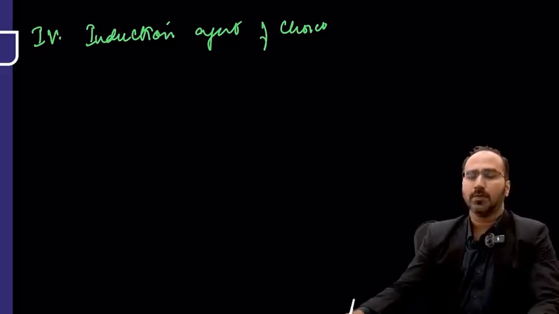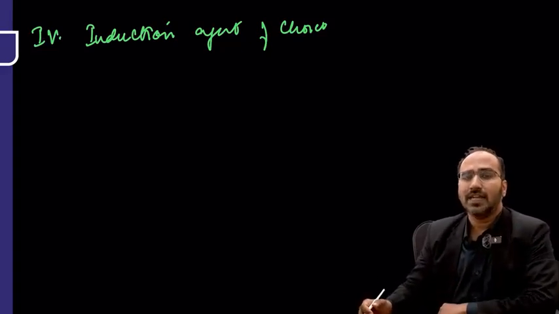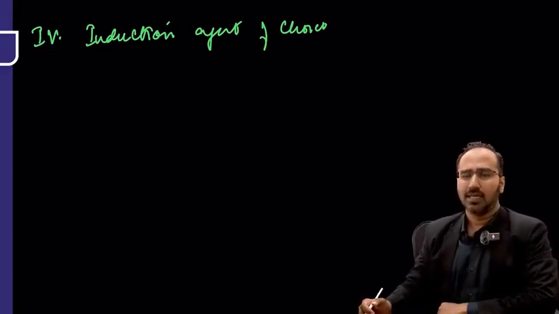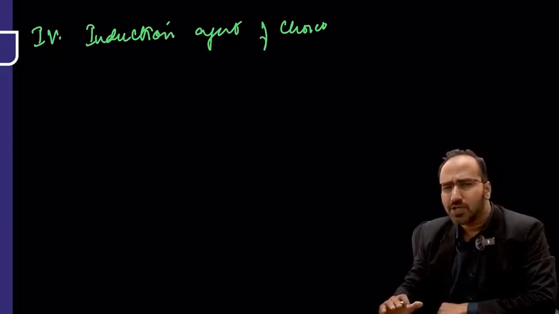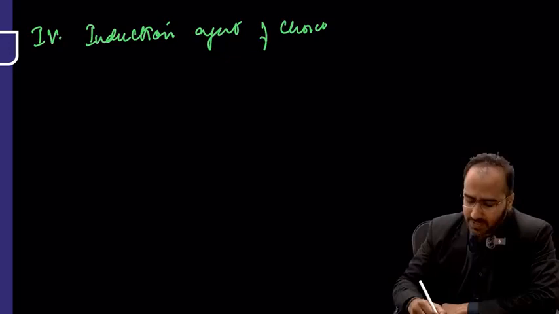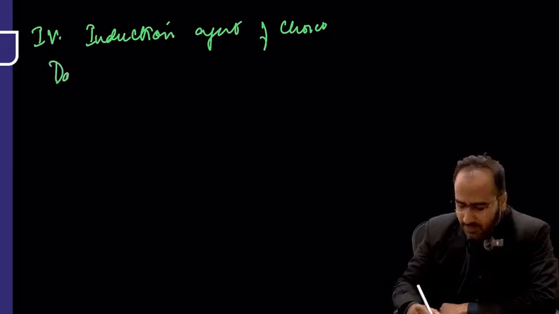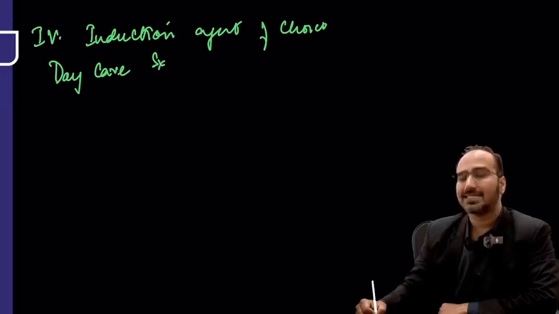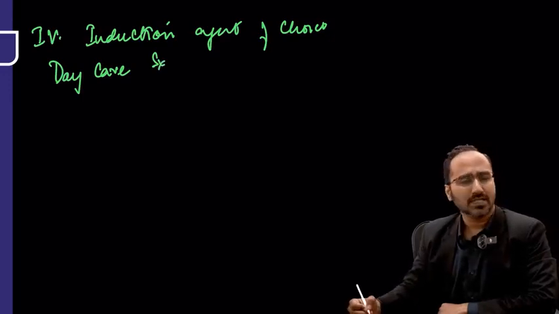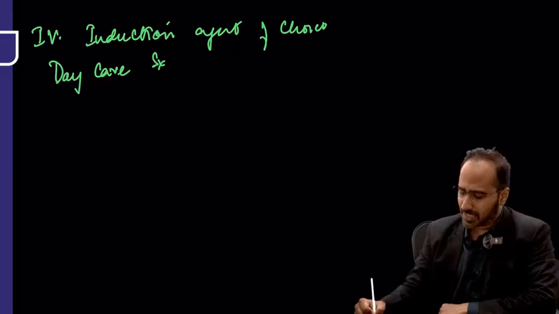So I was discussing propofol. Propofol is used as an IV induction agent of choice. It is a very common IV induction agent. It is commonly used for many things, but it is the IV induction agent of choice for what cases, guys? Daycare surgery. Why, sir, in daycare surgery propofol? Because it has a short elimination half-life.